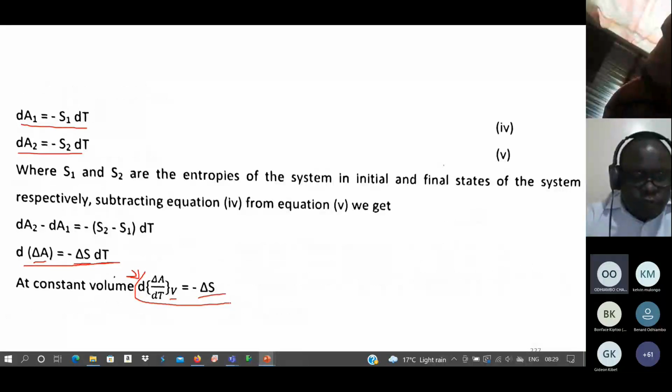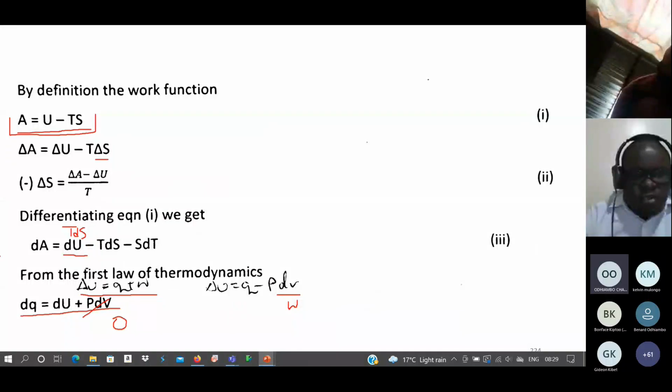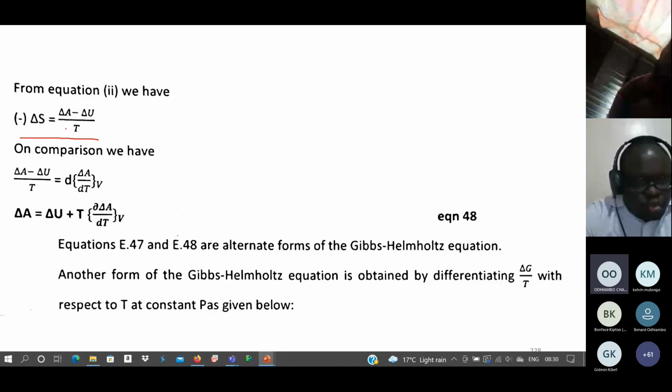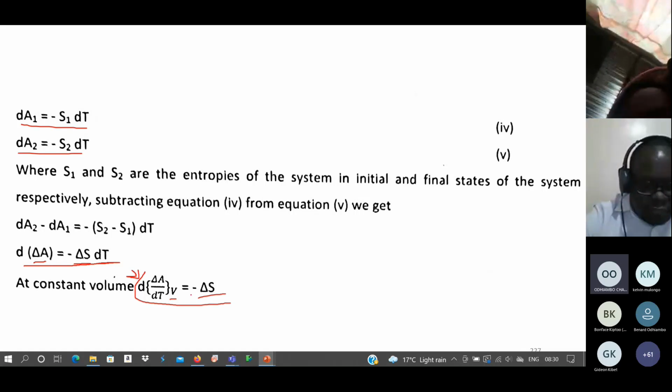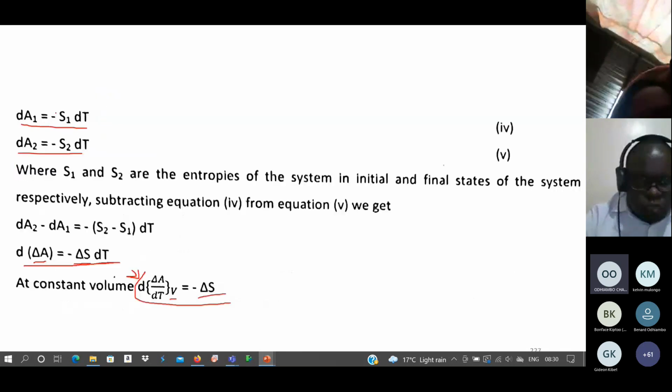So from this equation here, from equation 2, we have this: negative change in S equals change in A minus change in U over T. Now, on comparing, this gives us such an expression for minus change in S. Equation 2 also gave us an expression for minus change in S. So that means also this portion would be equal to this portion of the expression.